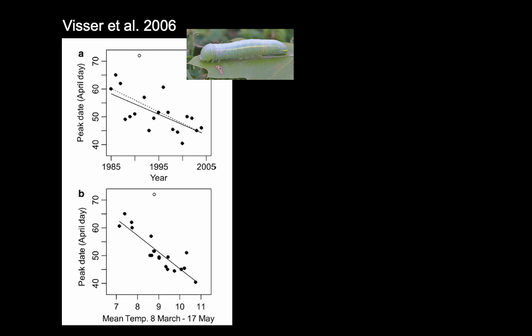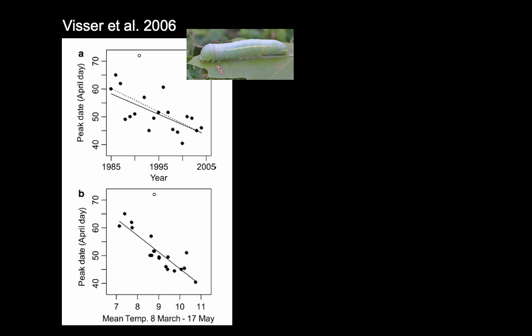We can see that the peak date is advancing. And so the April day, I should clarify this, that just means the 1st of April is day 0. And so taking a look at 1985, about day 60.